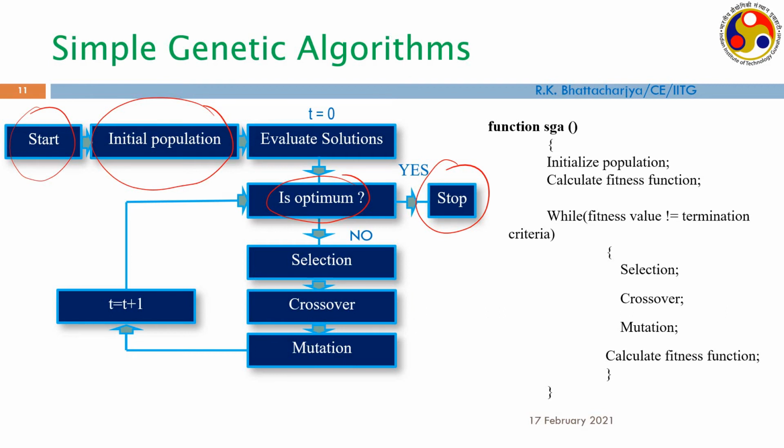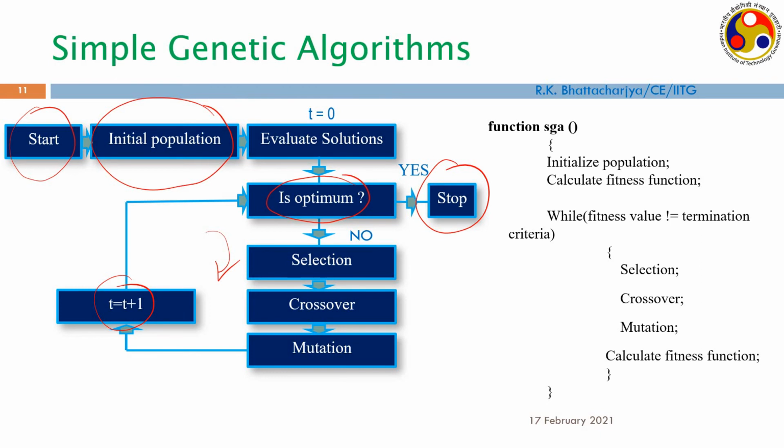I will discuss these operators one by one. The solutions passing through these operators go to the next generation, and this will continue until the termination criterion is met. In nature this process continues, but in the case of an optimization problem, you cannot continue up to infinity. You cannot continue this loop.